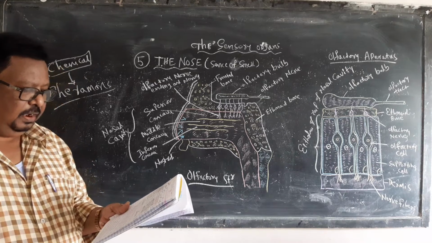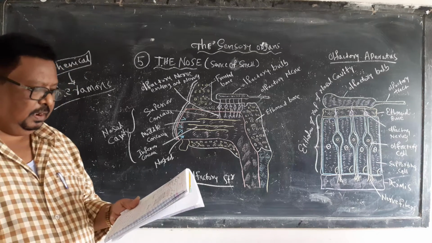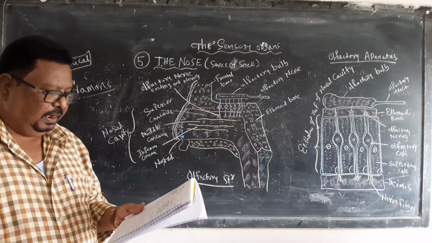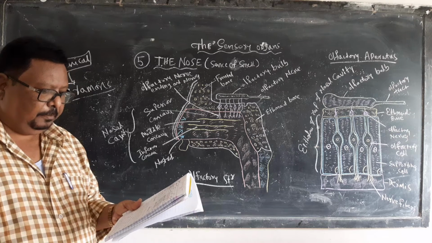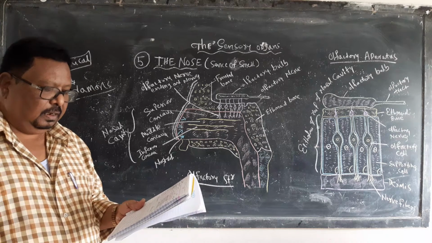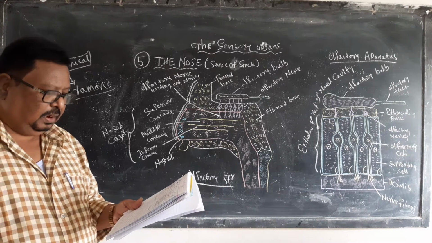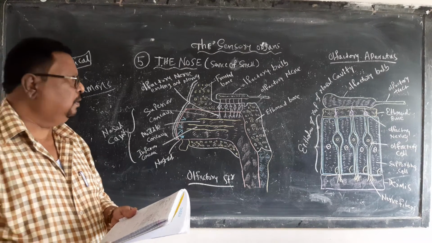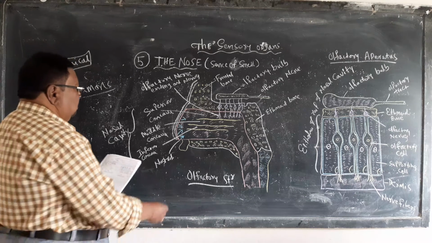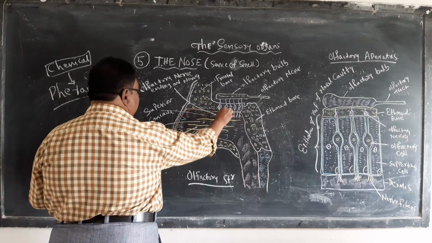The olfactory receptor cells are present in the epithelial lining of the mucosa of the superior concha of the nasal cavity at the roof portion. So here the receptors are present.